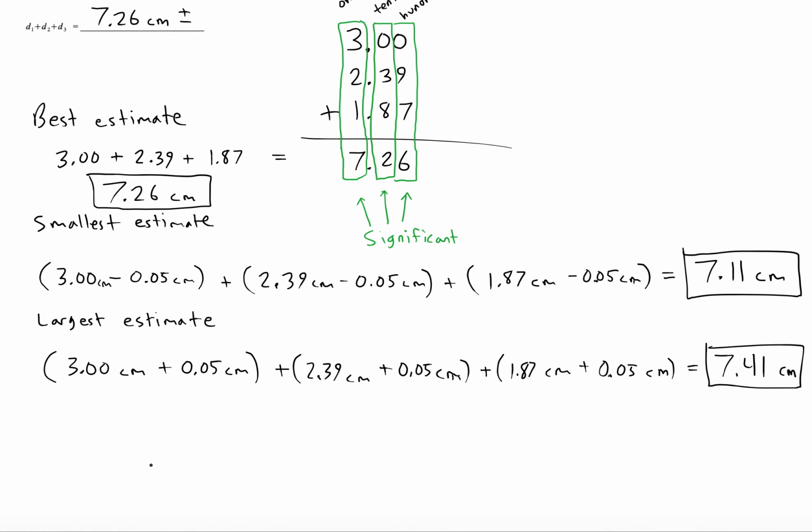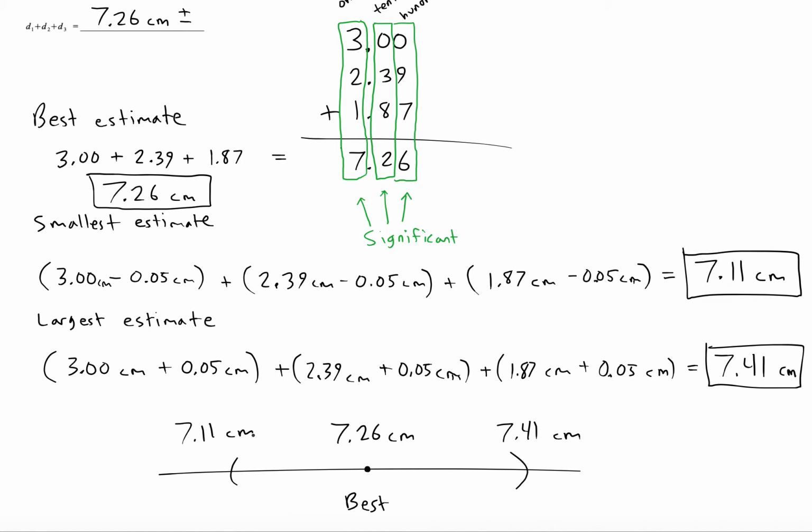All right, so the idea behind this is that there could be a wide range of different results for our final calculation, right? So the best estimate goes in the middle, 7.26, and we might go as high as 7.41 with that sum, or as low as 7.11. Here's the largest. This is the smallest.